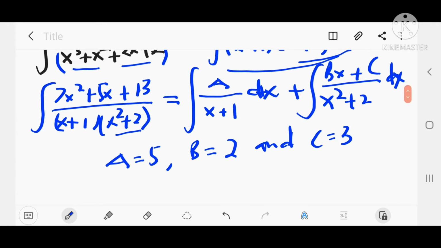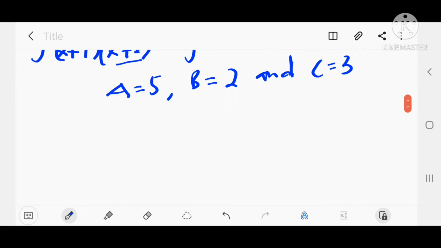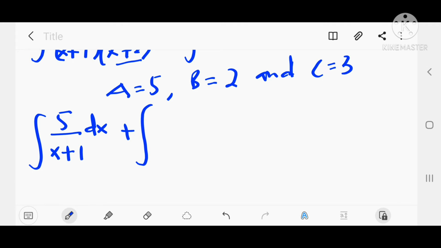So that means we'll have the integral of 5 on x plus 1 dx plus the integral of 2x plus 3 on x squared plus 2 dx.